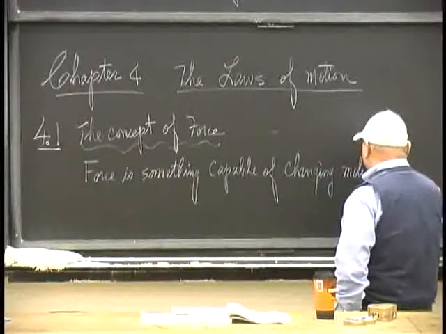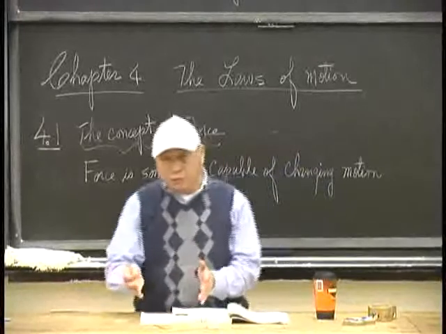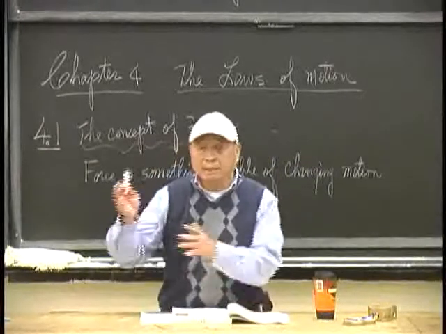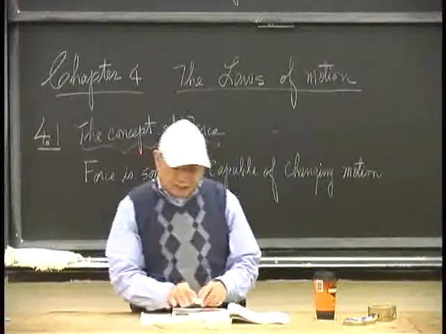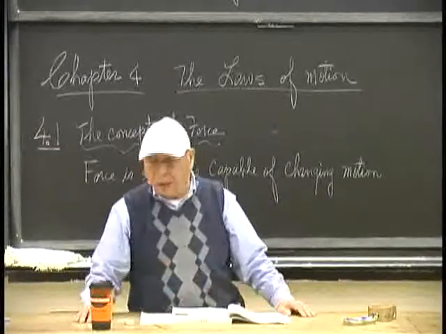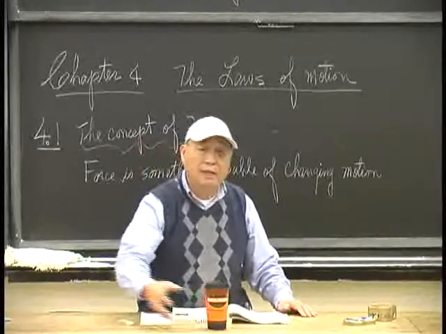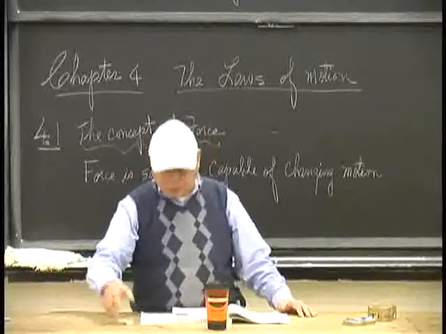The language is very simple. If something is changed, the motion changes, then that must have a force acting on it. So this object is at rest right now. If I want it to move, then I need forces to make the change.